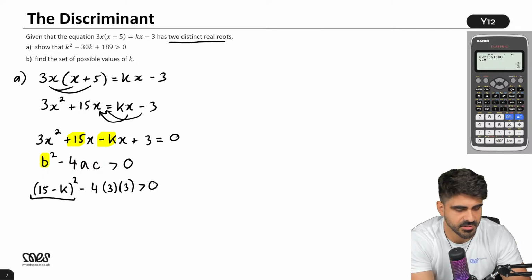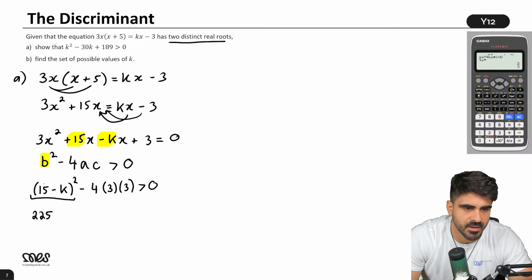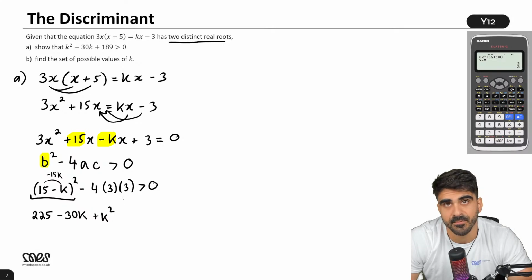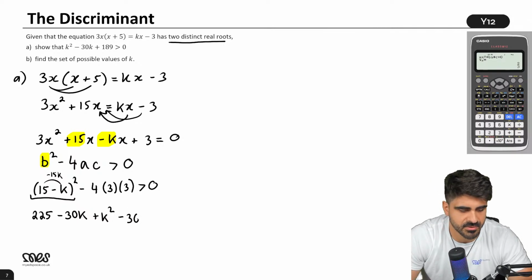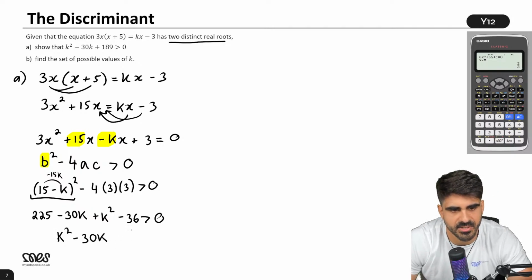So 15 squared is 225. 15 times minus k is minus 15k. Then we duplicate that, minus 30k. Then we have k squared. Then what is that? 9 times 4, 36. So minus 36. So we got what? K squared minus 30k. What's 225 minus 36? It's like 289 or something. No.